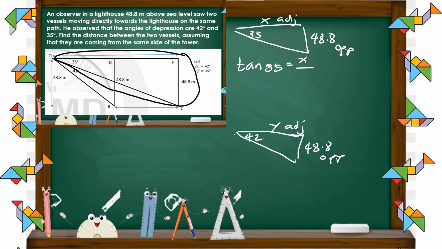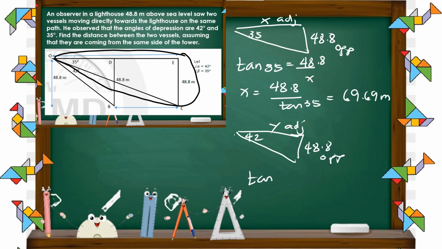The opposite is 48.8 and our adjacent is x. To find x, we're going to divide since it's in the denominator. So that's 48.8 over tangent 35. Using your calculators, 48.8 divided by tangent 35 is 69.69 meters.